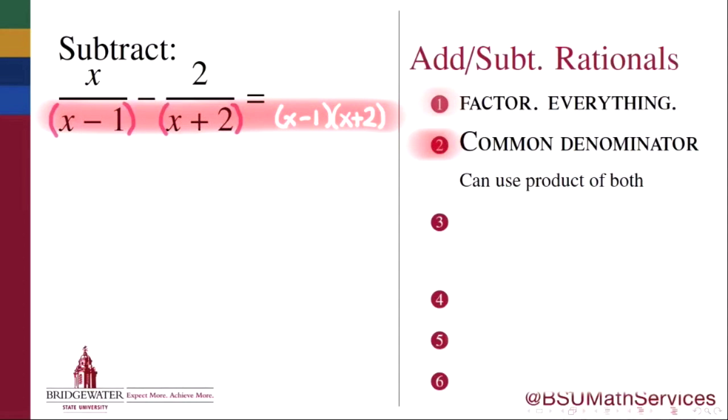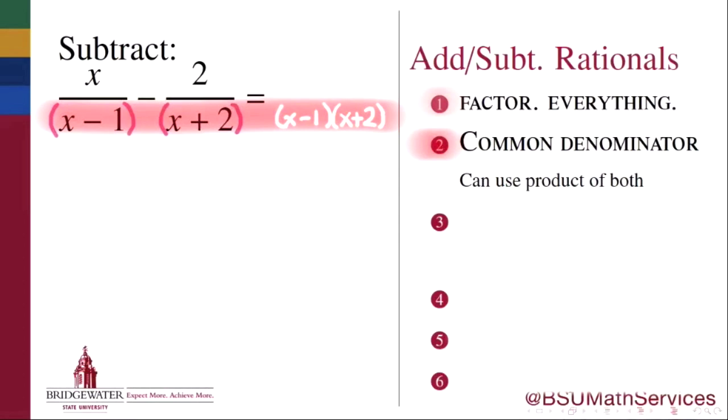Just as with rational numbers, the low-hanging fruit, if you will, the path of least resistance often, to find a common denominator is simply to multiply the two denominators that you were given. In this example, that will give me a common denominator which is the product of x minus 1 times x plus 2.